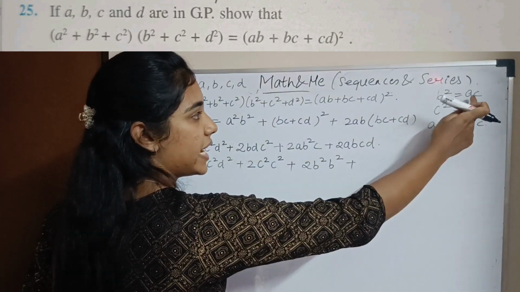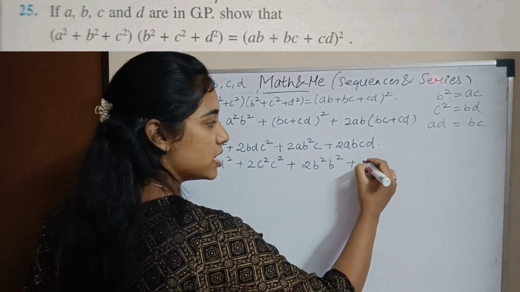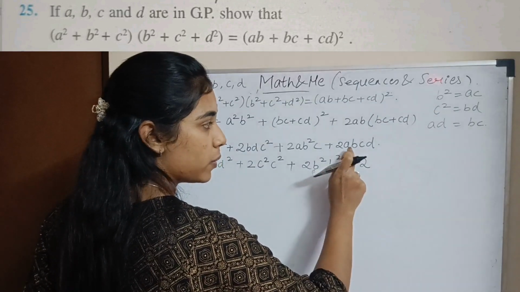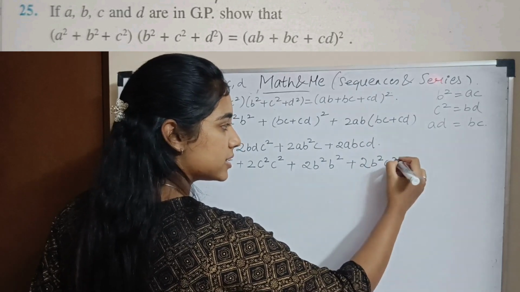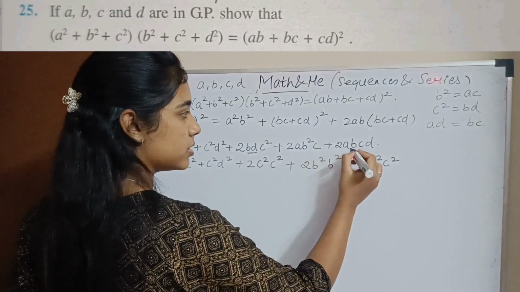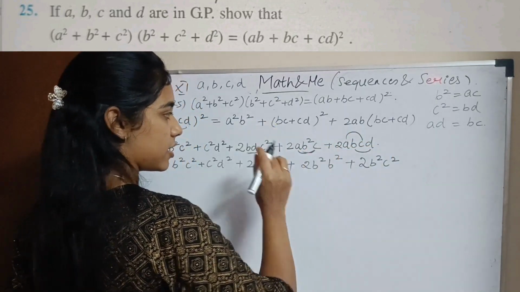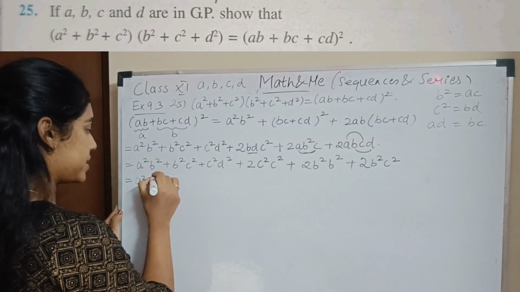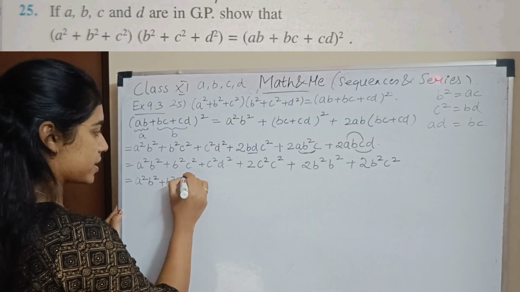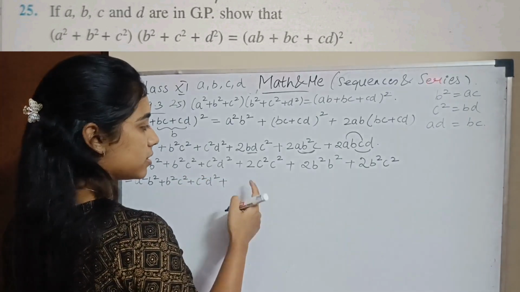I have AC is B square, BD is C square. So I'll write 2, what is my AC? B square. What is my BD? C square. This is one term, this is another term, this is another term. Okay? Don't get confused.